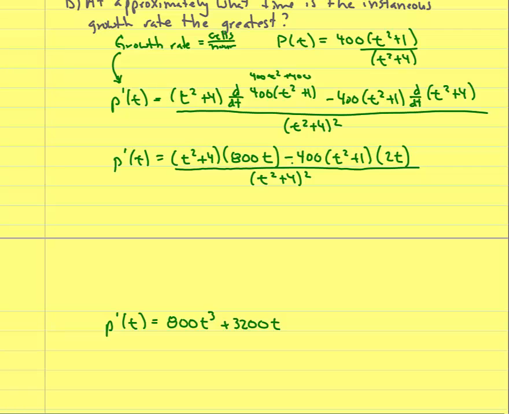Now here I need to take the negative 400 times t squared times 2t, which would be a negative 800t to the third, minus, so I'm going to have a minus 400 times 2t is a minus 800t. And again, this is all over t squared plus 4 quantity squared.